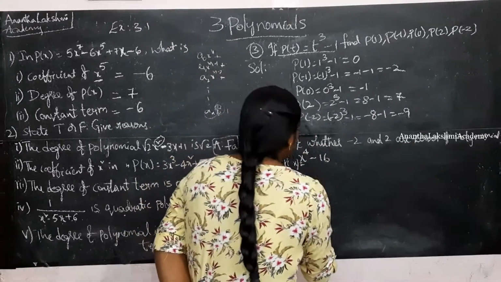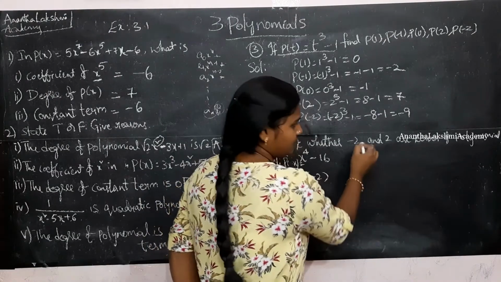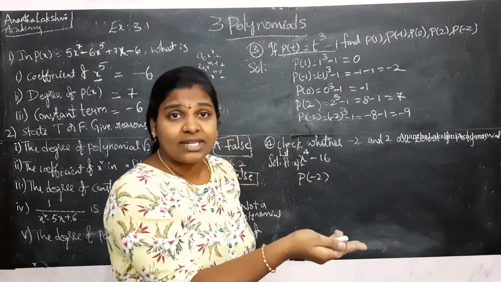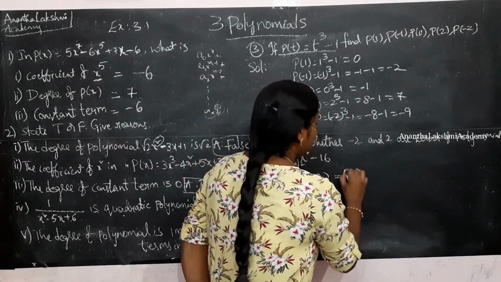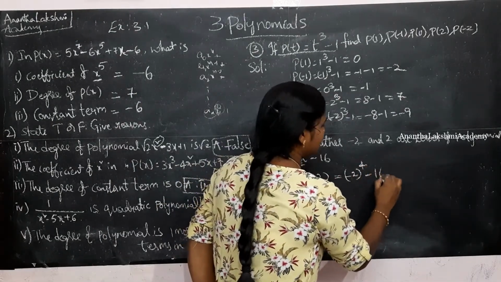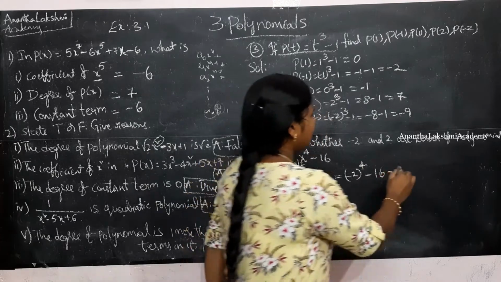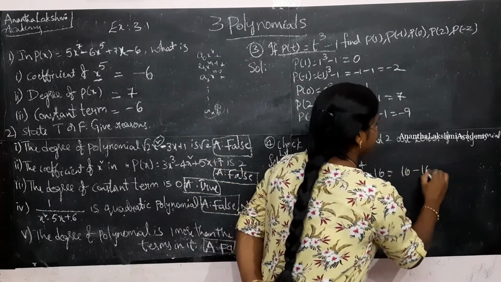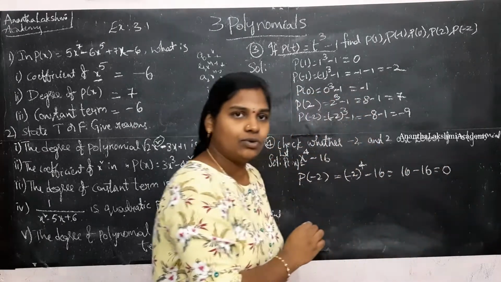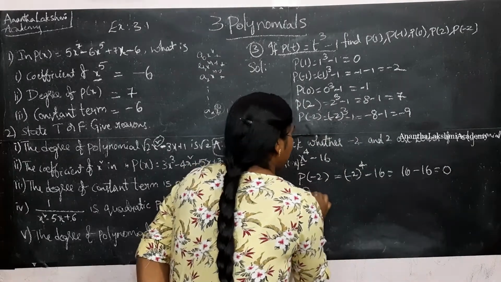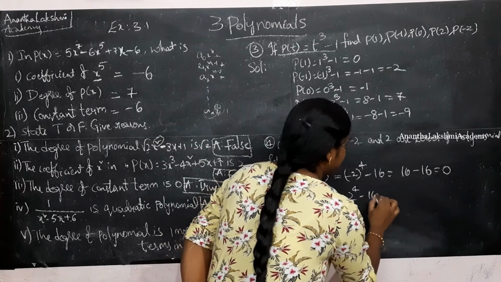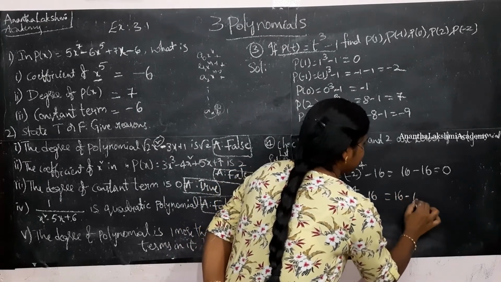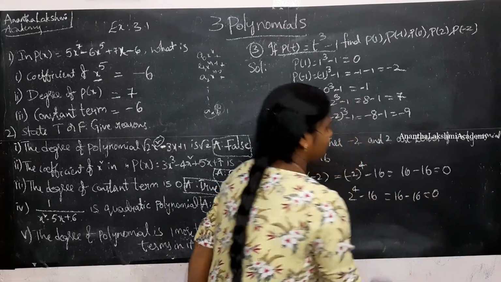Now p of minus 2, I am substituting in order to check whether they are zeros or not. Minus 2 to the whole power of 4 minus 16 is nothing but 16 minus 16, which results in 0. Then P of 2 is nothing but 2 power 4 minus 16. 16 minus 16 is again 0.